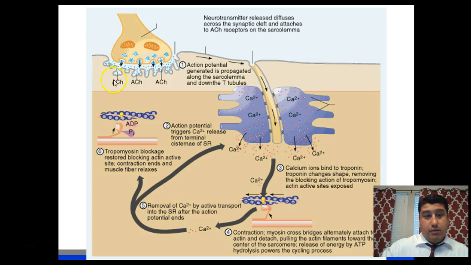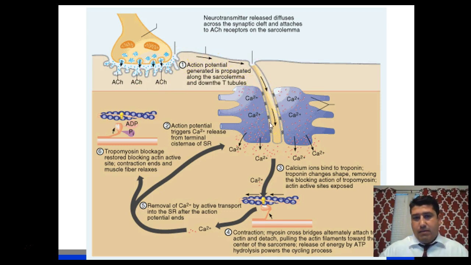In this case, this neurotransmitter, the ACh, stands for acetylcholine. That's the neurotransmitter that's responsible for muscle contraction. So whenever the neuron releases acetylcholine, the postsynaptic membrane, or the membrane that's beyond the synapse, has the acetylcholine receptors, and then the action potential or the electrical impulse can then be propagated down.